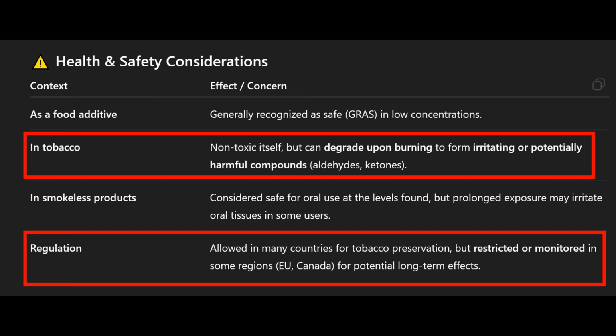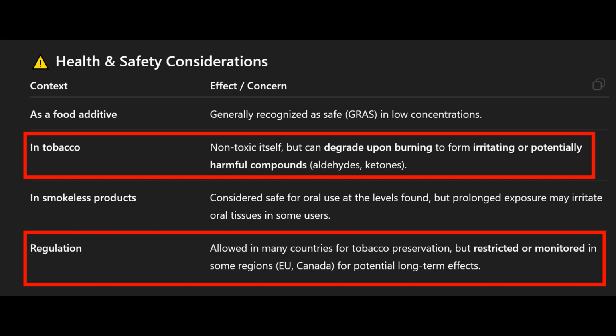Here are some health and safety considerations for potassium sorbate in tobacco. Non-toxic itself, but it can degrade upon burning to form irritating or potentially harmful compounds.